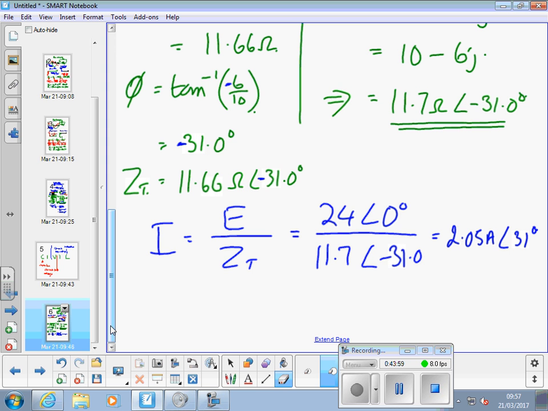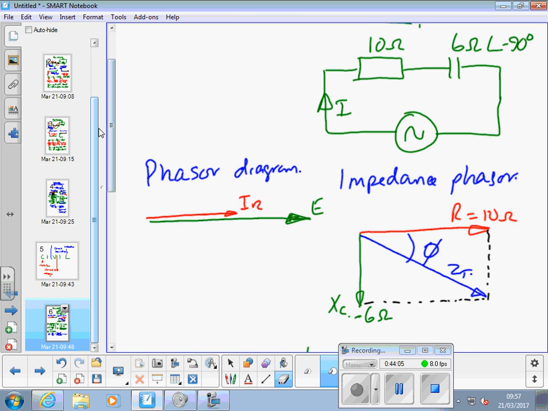So checking with CIVIL, capacitive circuit, current's got a positive angle that's leading. So therefore, start that again.